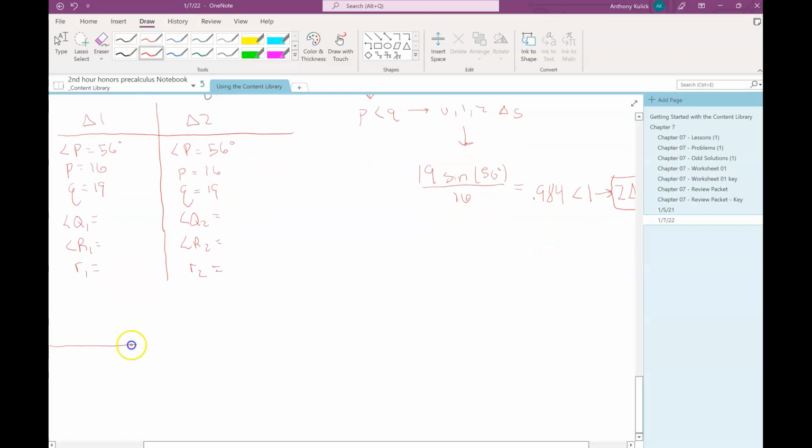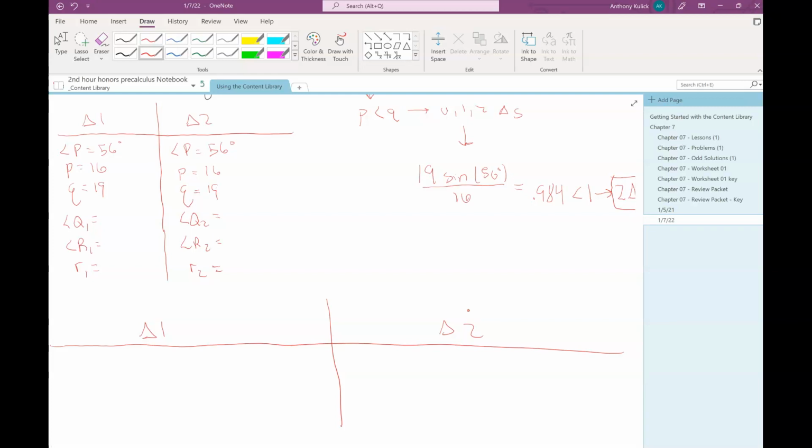Okay. And then I'm going to make a space for my work. So my work for triangle 1 is going to be over here, and my work for triangle 2 is going to be over here. Again, just trying to stay organized so that I don't mix up the answers for one triangle with the answers for another triangle. You know what I mean?